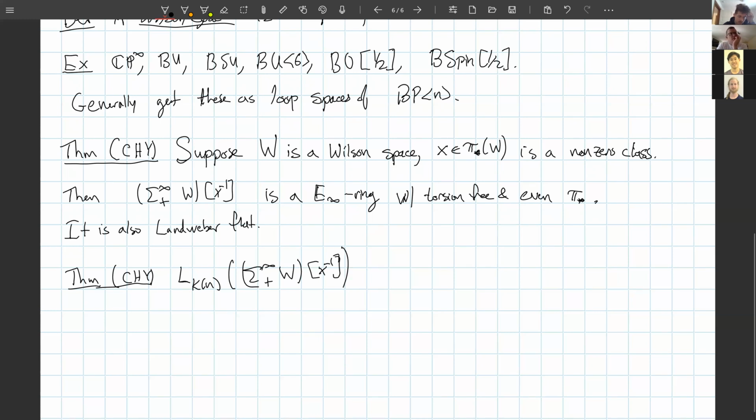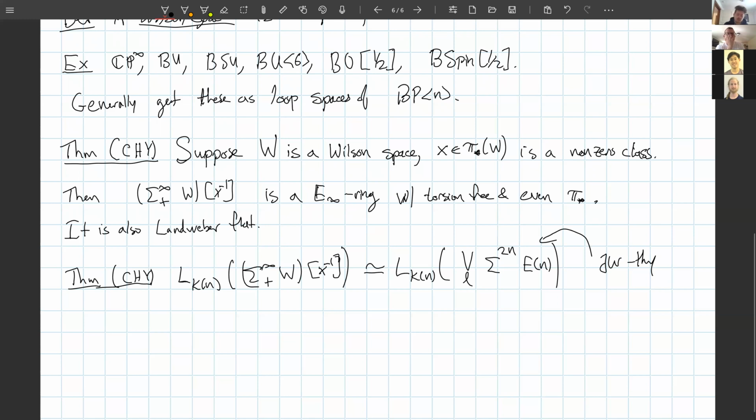The K(n)-localization of this is equivalent to the K(n)-localization of a wedge of Johnson-Wilson theories of height n. And so this is Johnson-Wilson theory here. This wedge could be empty on the right-hand side if it's just 0 in that degree.